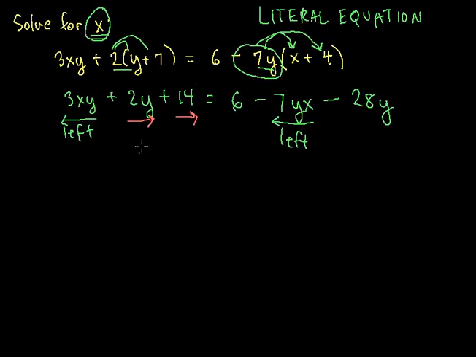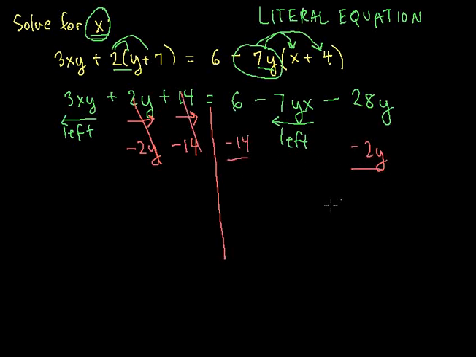So let's take care of this. Let's get rid of the 2y and the 14 first. Minus 2y. And find another y term over here. So minus 2y. 14 is plus here, so we're going to minus 14. Notice we're subtracting off. That's gone. And now we're going to combine, and we have 6 minus 14 is negative 8.